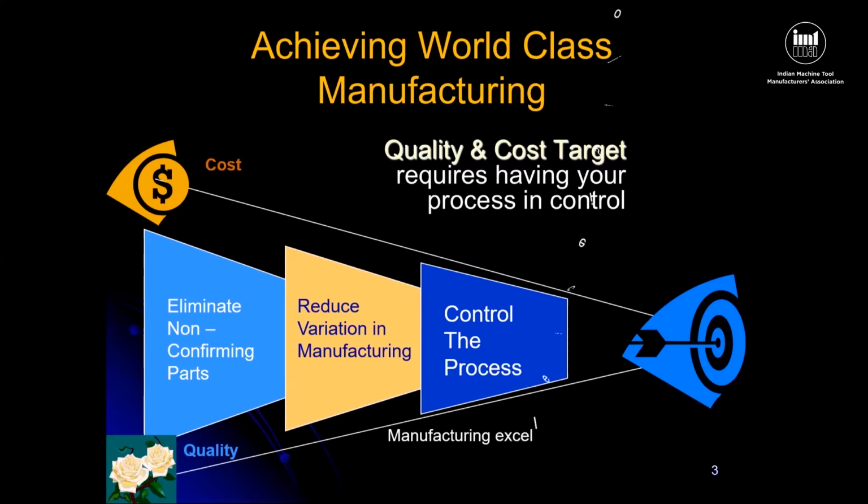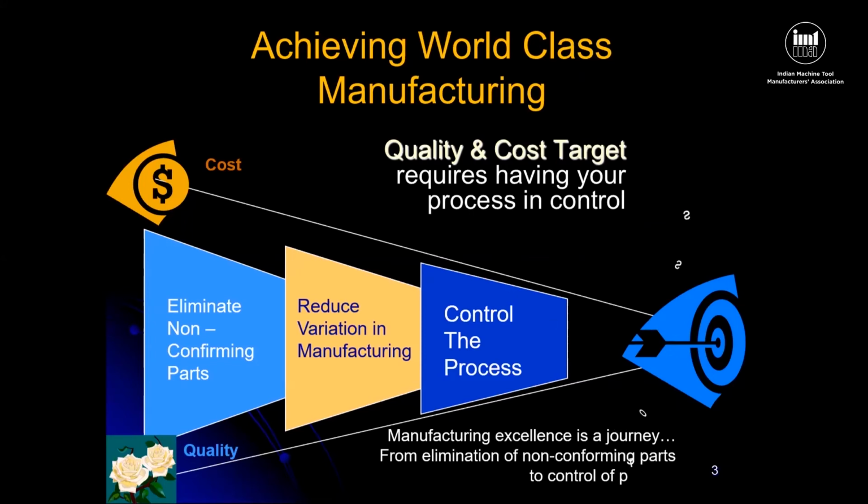So if you look at manufacturing excellence or achieving world-class, it is basically a journey. It's a journey from eliminating the production of non-conforming parts to that of controlling the process so that non-conforming parts are not produced at all. So this is the journey that all these companies have taken.